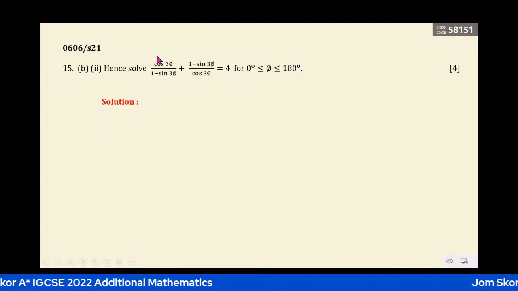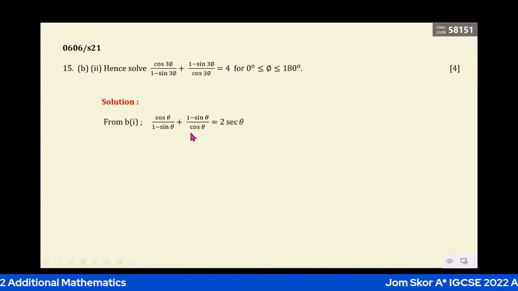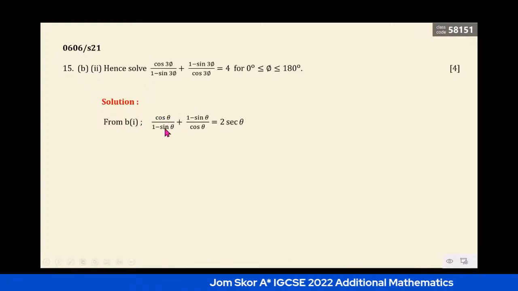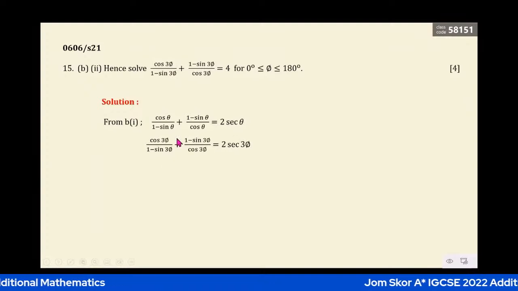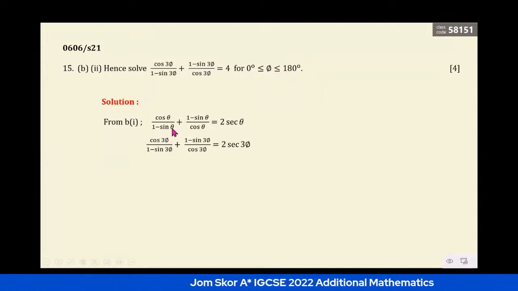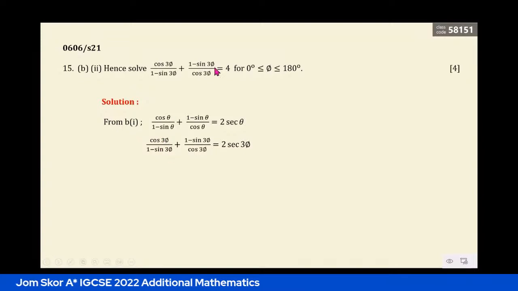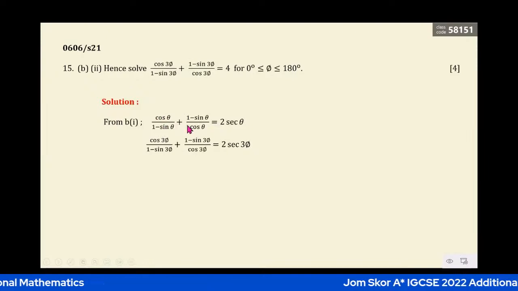Okay, what is the relation of this one with the earlier one? So we look. This is from B1. Okay, from B1 you get this. So this is cos, this is cos, this is 1 minus sin, this is 1 minus sin. It's the same, right? The difference is you have cos 3 phi instead of theta. This one is all theta, but this one is all cos 3 phi. When we proved it, we got 2 secant theta.